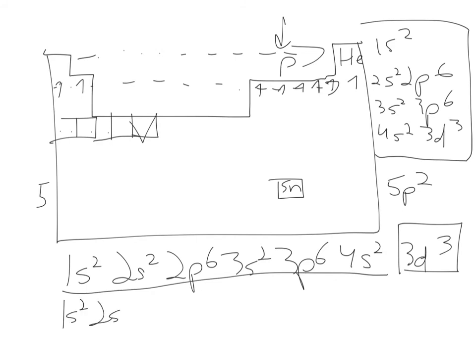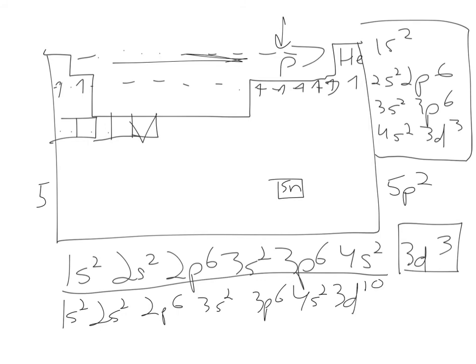1s2, 2s2, that's this first one here. Go down a row, 2p6, 3s2, 3p6. Once I get to the fourth row, 4s2, I start getting d electrons. I get the 3d10, and then I go to the 4p6.